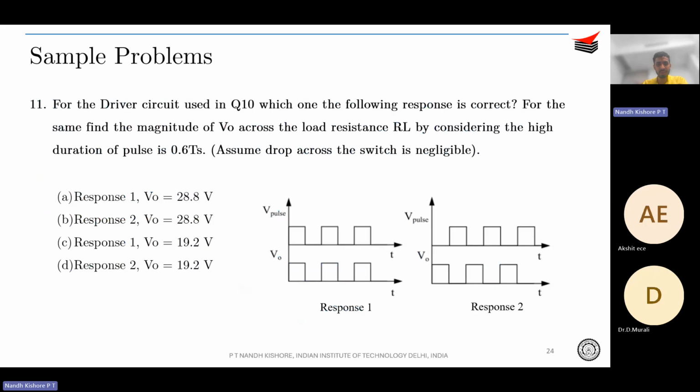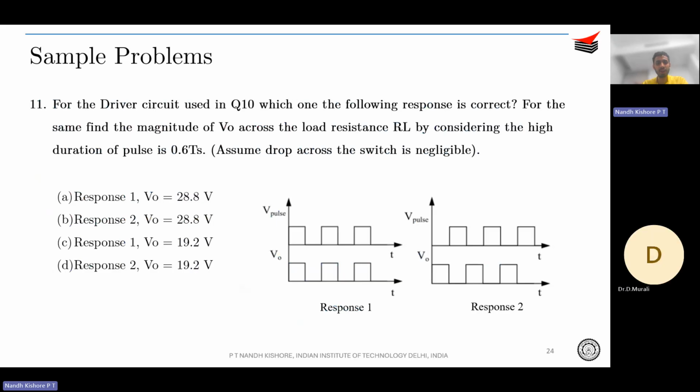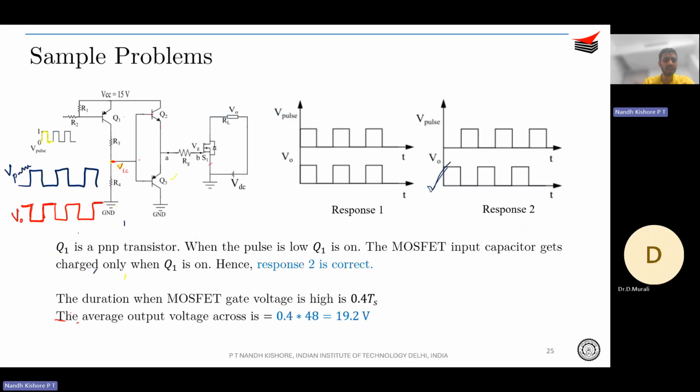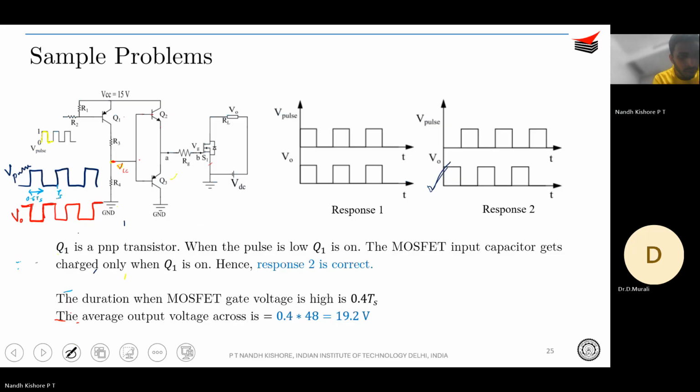So again, they have given the question that for the same, find the magnitude of V naught across the load resistance RL by considering the high duration of pulse is 0.6 TS. So you assume that the pulse is coming for 0.6 TS duty interval, right? So this is basically 0.6 TS if this is TS. Okay. So what would be the average output voltage then?